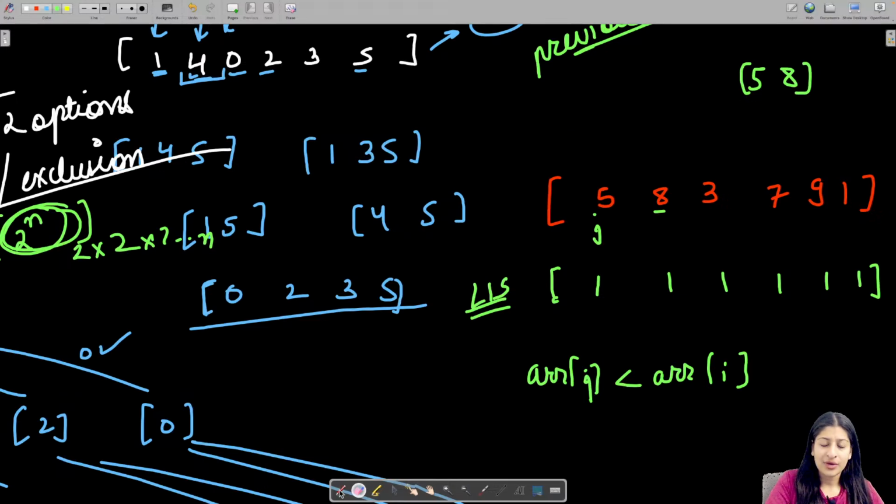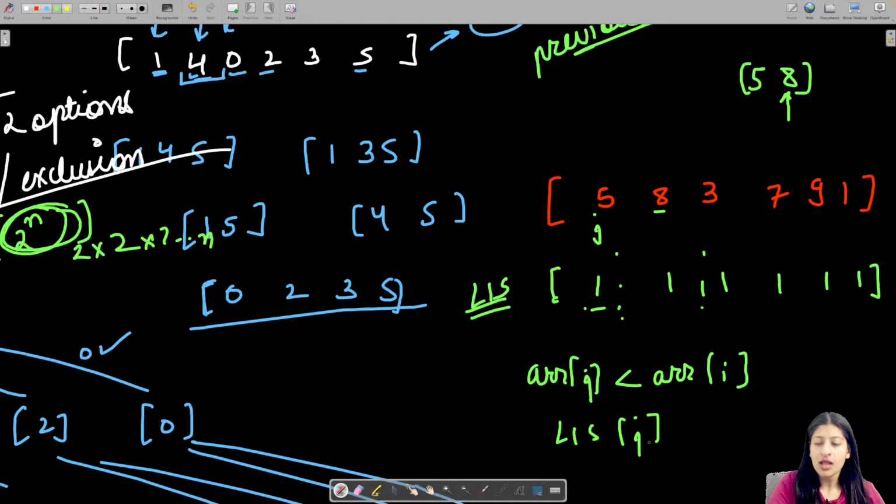See, LIS is telling the maximum length of subsequence you will have till that particular index, right? So right now it tells me that if I just have 5, I have the longest increasing subsequence of length 1. If I want to include 8, obviously the length for 8 will be increased to the length of subsequence that till 5 I was getting. So I'll get that answer from LIS of j.